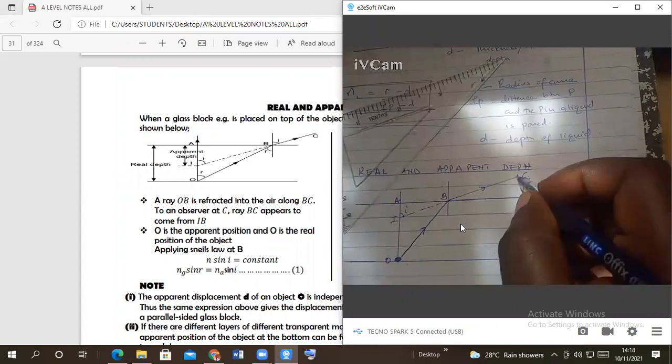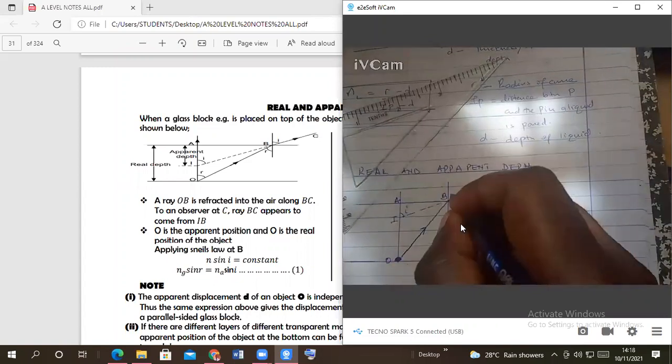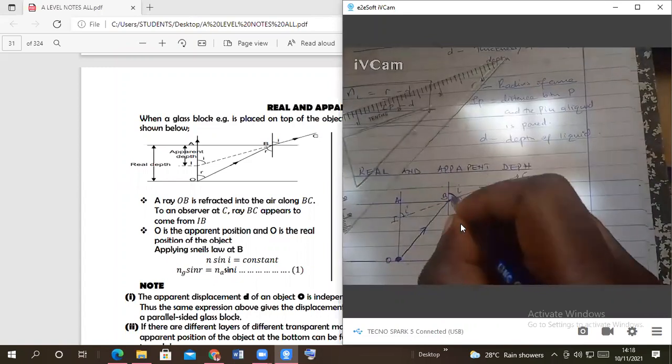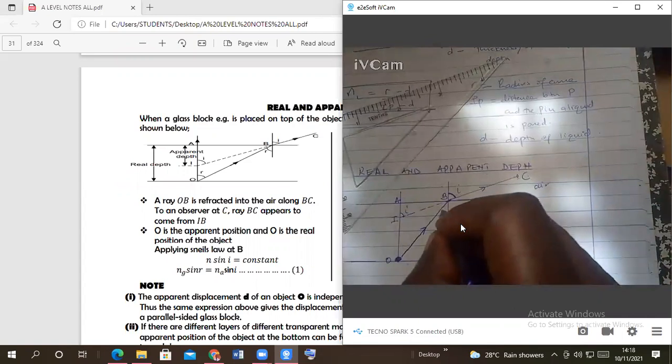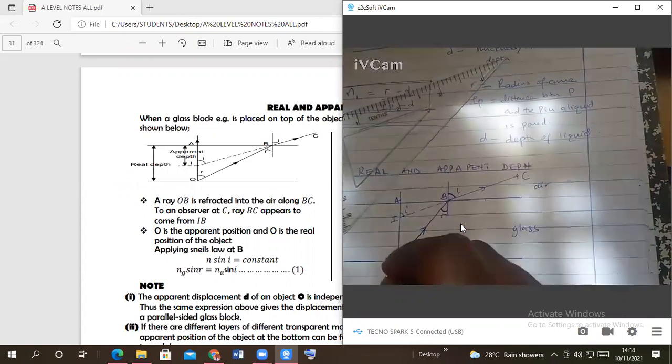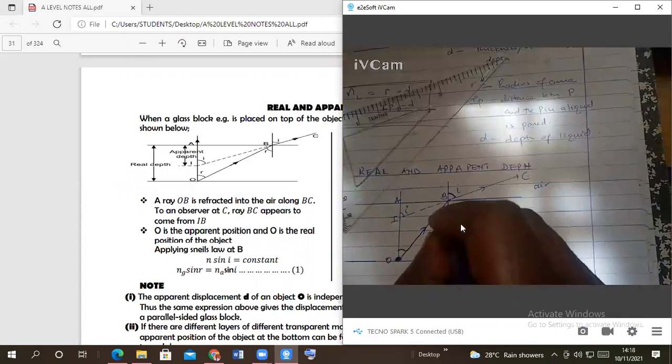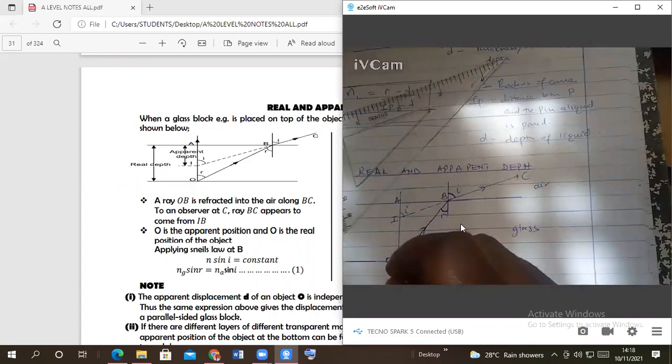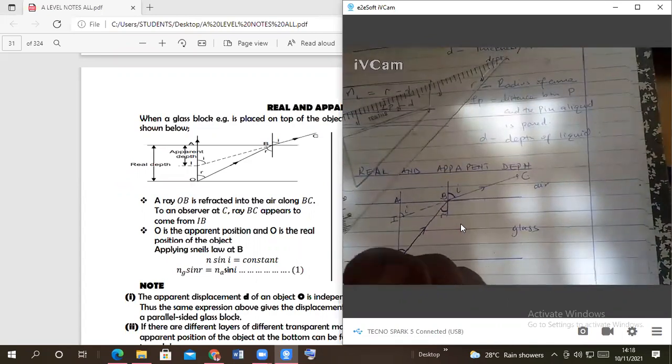This angle here shall be its angle of incidence, and this one here shall be the angle of refraction. So you should know that if this angle here is R, then also this angle which is here is going to be R, because these are alternating angles.